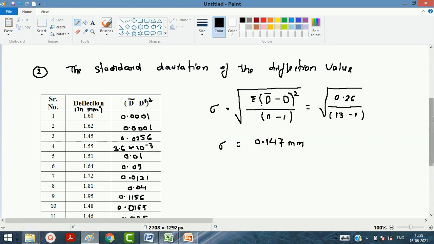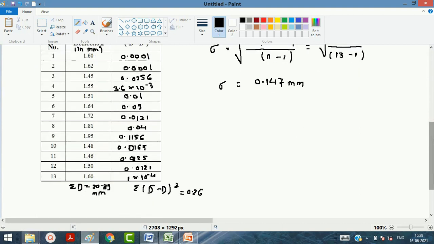Now the third step: we have to find the characteristic deflection, denoted by dc.